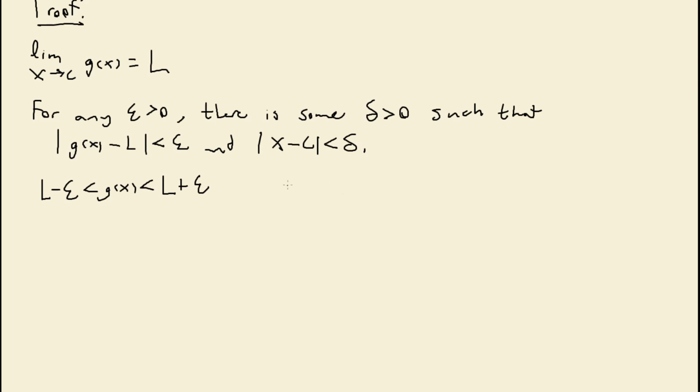And the same thing here, this is going to be c minus delta is less than x is less than c plus delta. So this is representing some range of x values that are within delta of c.